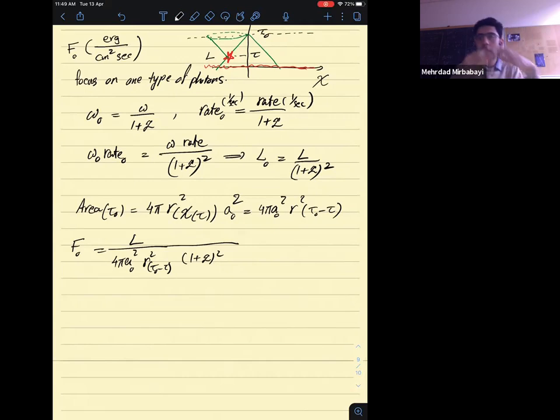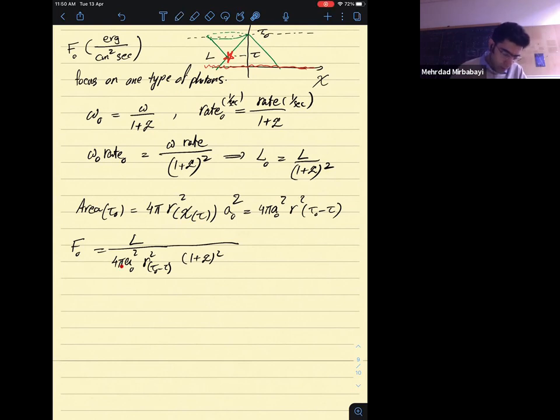So if we were just in Minkowski space-time, then the flux would be what? The flux would be L divided by 4 pi d squared, where d is the distance measured in Euclidean space between the source and the observer in Minkowski.